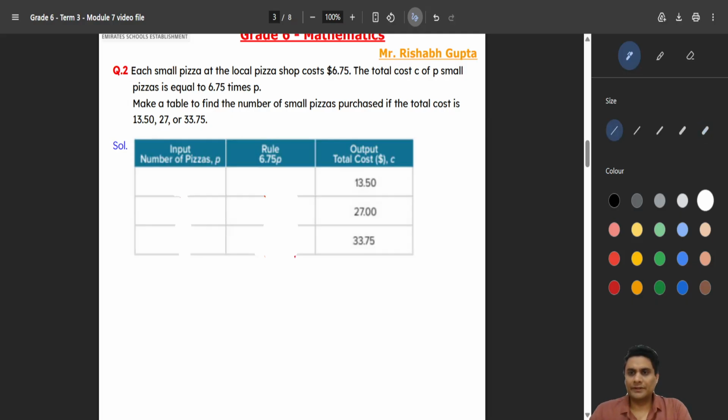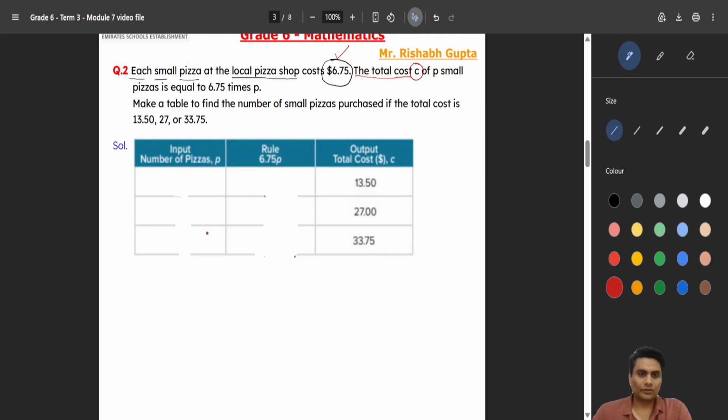Each small pizza at a local pizza shop costs $6.75. This is the price of one pizza. Now we have to find the two variables also. The total cost C is given.